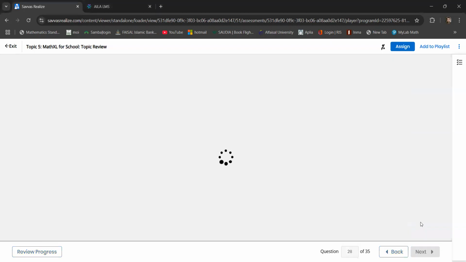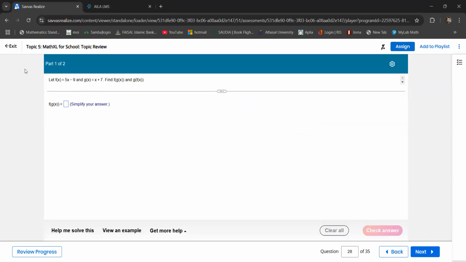Another question. f of x equals 5x minus 9. g of x equals x plus 7. Find f of g of x. This means the function g is completely inside the function f, so we need to find f of x plus 7.